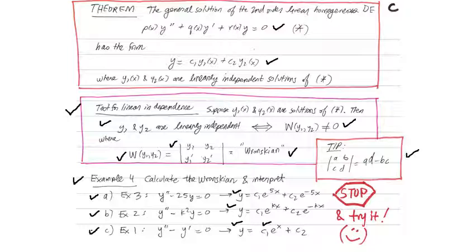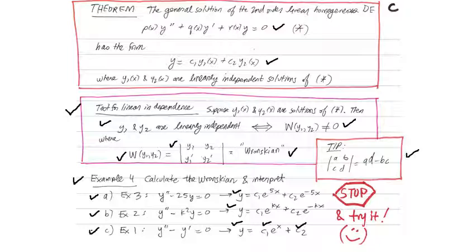That's one solution, which you obtain by taking c1 equals 1, c2 equals 0. Another solution, which is hopefully going to be linearly independent, comes from this term. If you take c1 to be 0 and c2 to be 1, that gives you y2 equals 1 as a solution also of your differential equation in example 1.